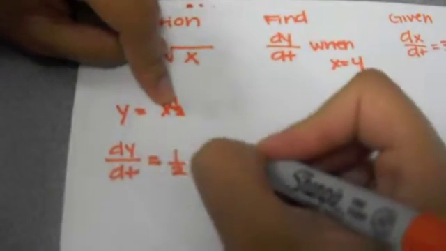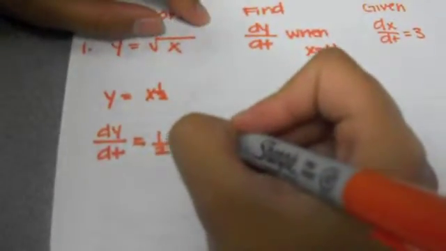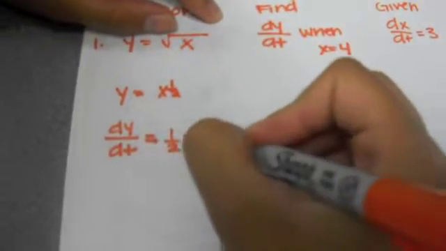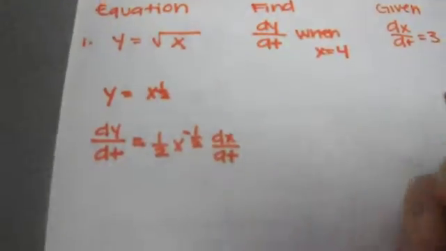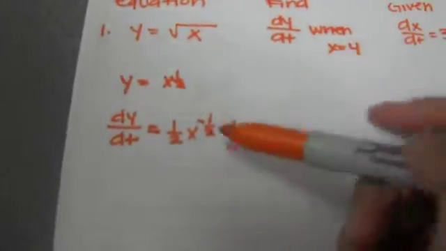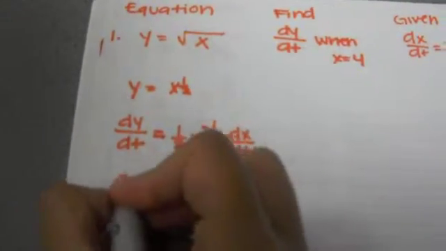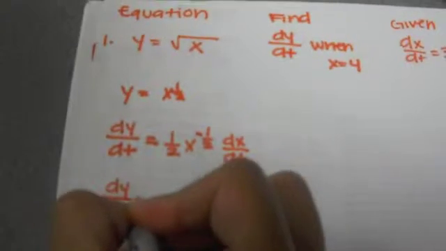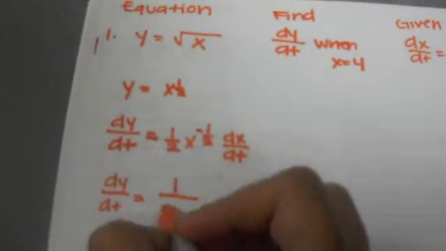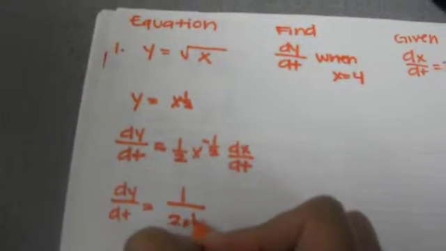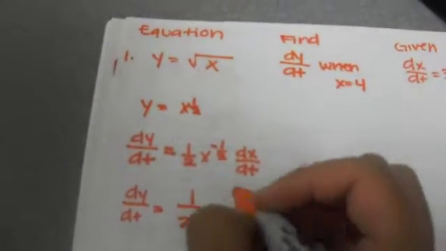And since it's with respect to t, we need to add the dx over dt. Since we don't need a negative exponent at the top, we bring it to the bottom, just to make it positive.